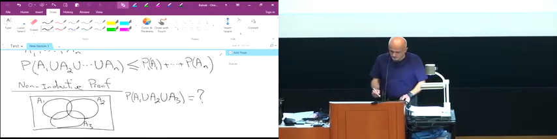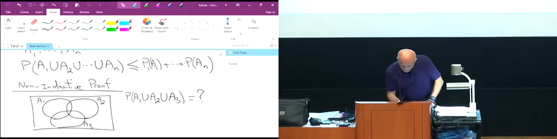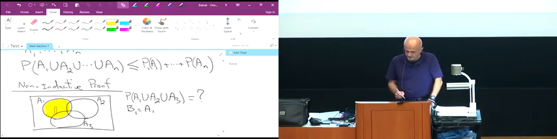So here's what I'm going to do. I'm going to define a set B1 which is equal to A1. There you go. Okay? Here's my A1.